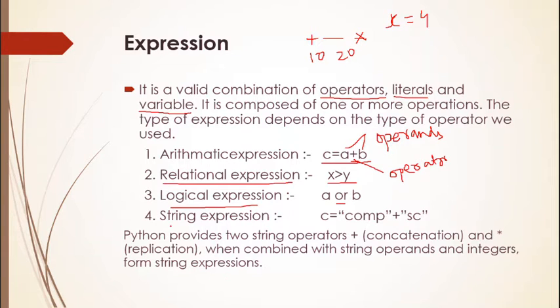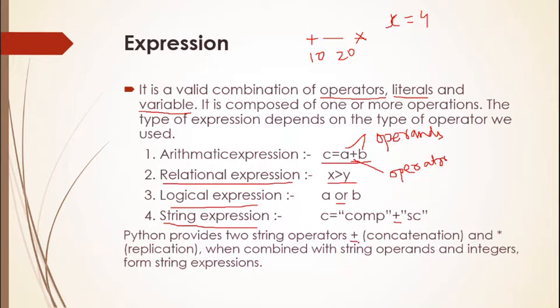For a string expression, how can we create one? We have used the plus symbol. Plus is also used with an arithmetic expression. Then why does this plus operator used with this expression become a string expression? Because there are two operators which are specially made for string operations.